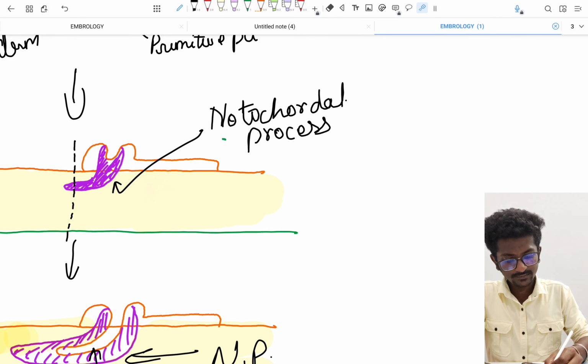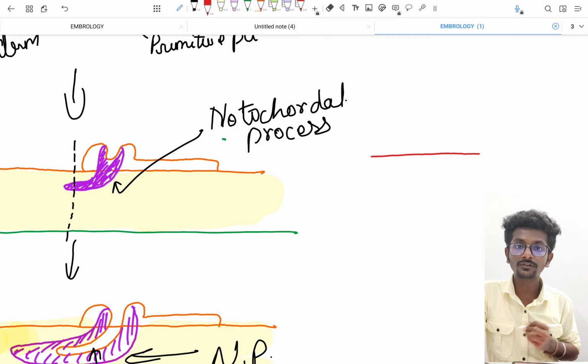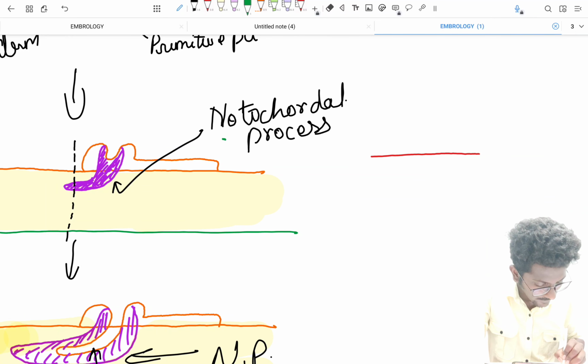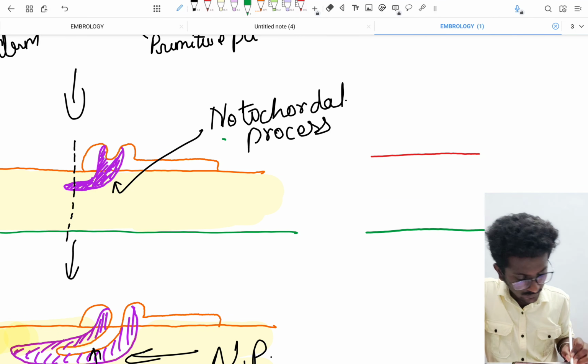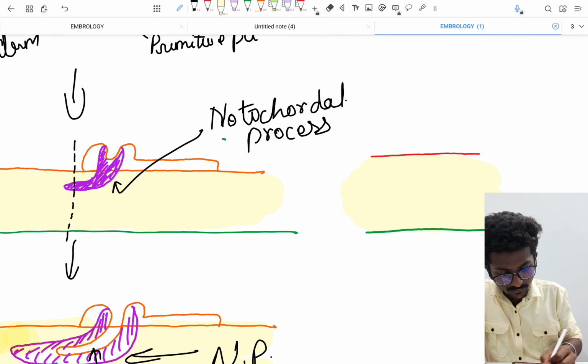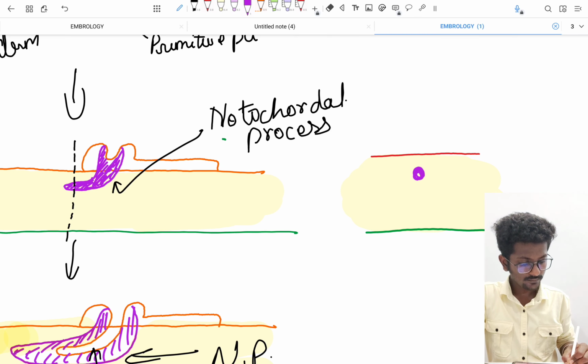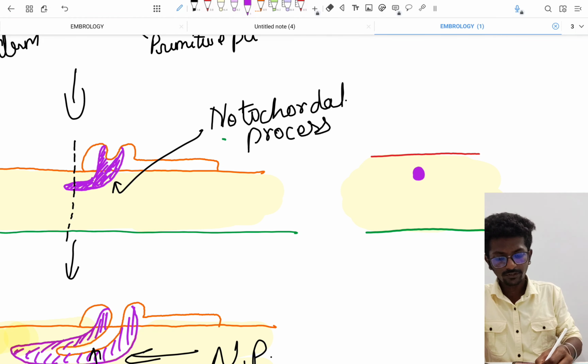So I will see something like this: the ectoderm, below that the endoderm, in between the mesoderm, and here the notochordal process.